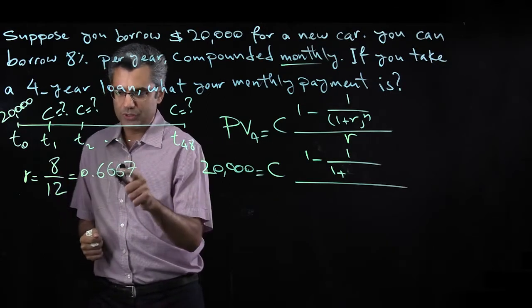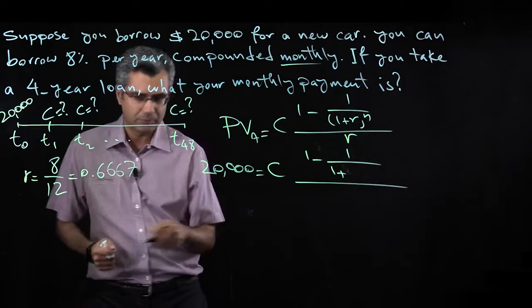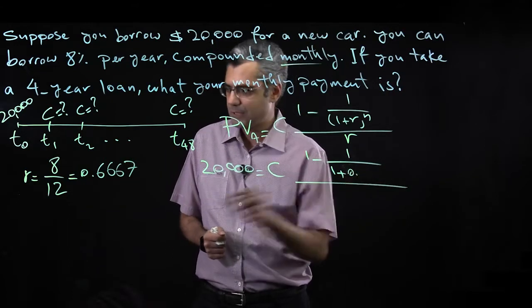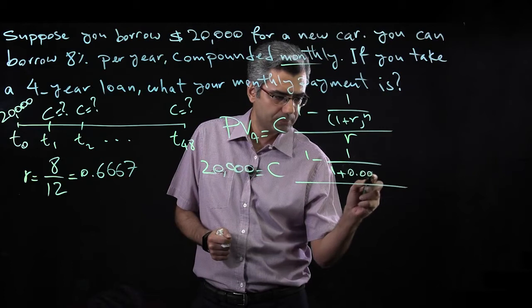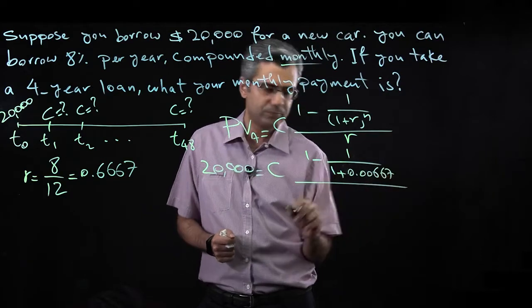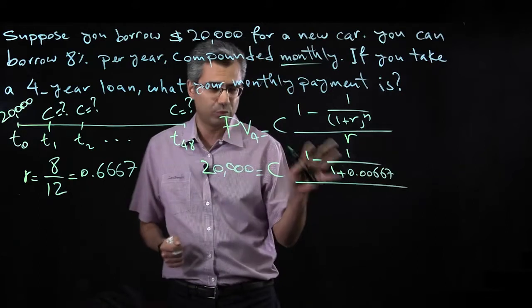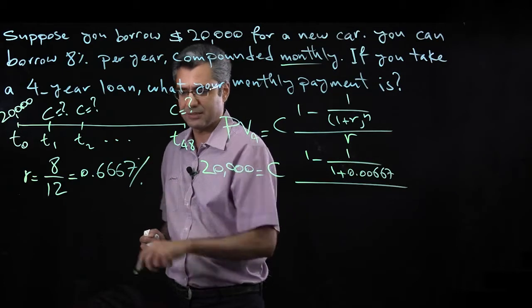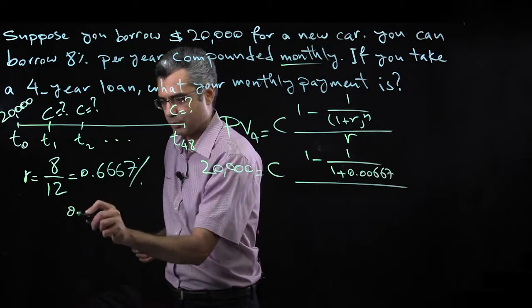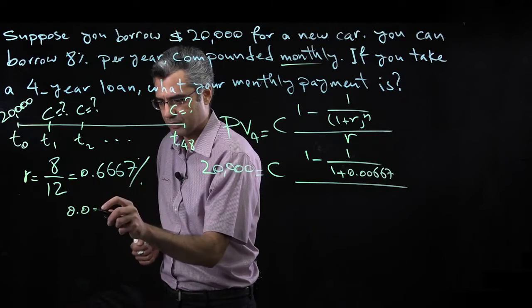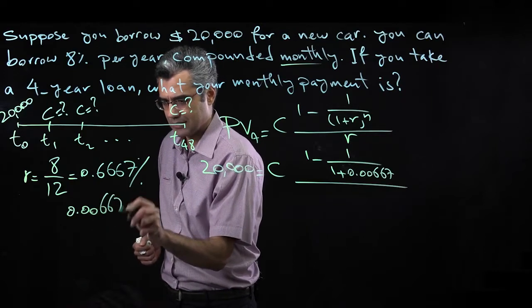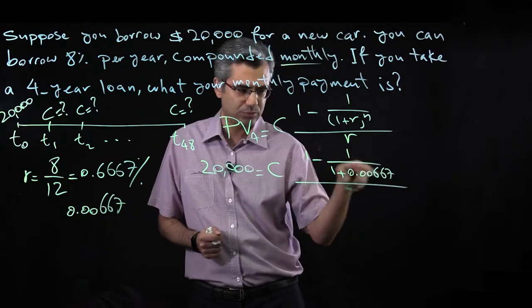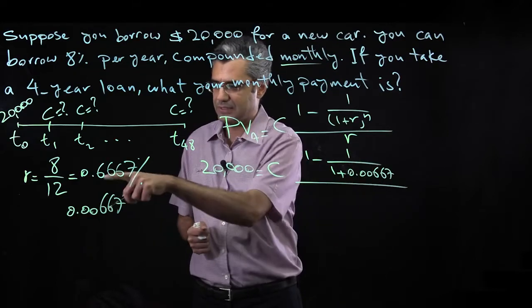Now this is the interest rate per month, and I need to write it in decimal points, because you remember in the formula you need to write in decimal points. The percent means you need to divide it by 100, so it's 0.00667. I wrote the same here, rounded to 0.00667.